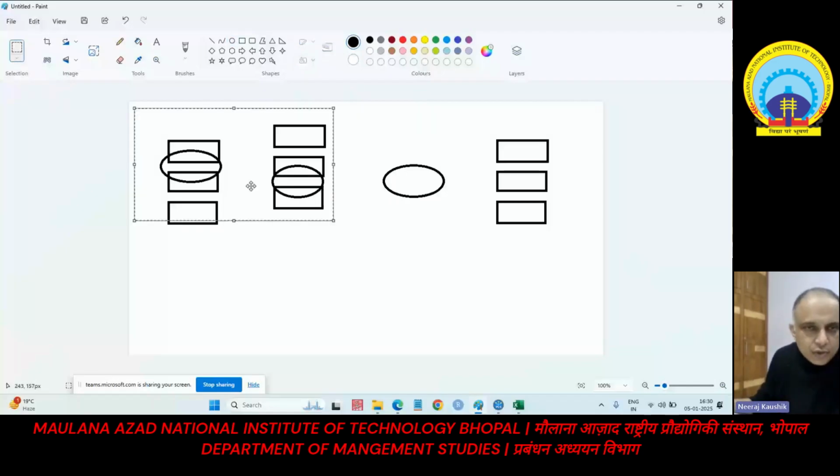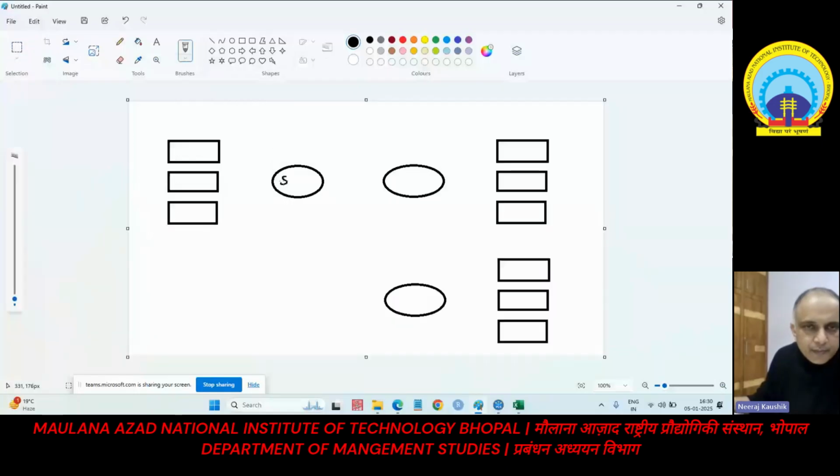So three families: Sharmaji, Guptaji, and Varmaji. Sharmaji has three kids: Sharmaji 1, 2, 3.